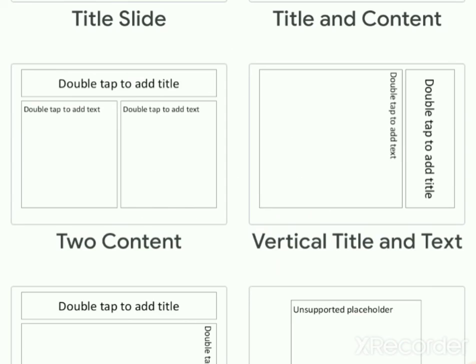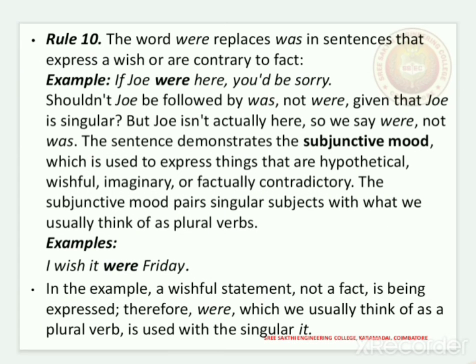Okay, so we come to the last rule, number 10. The word were replaces was in sentences that express a wish or are contrary to fact. Example: if Joe were here, you would be sorry. Shouldn't Joe be followed by was, not were?